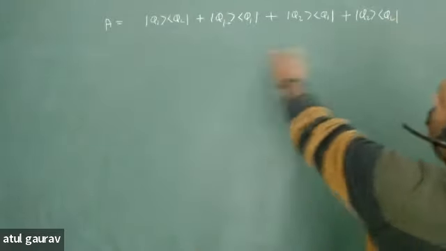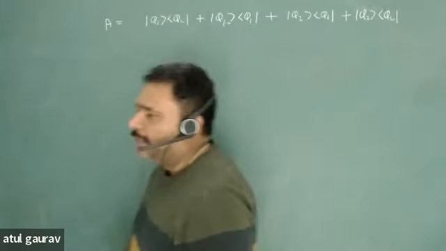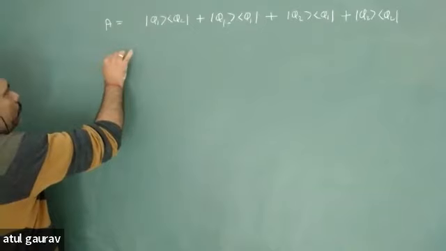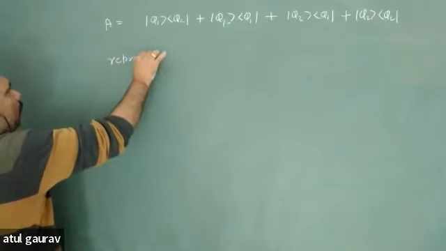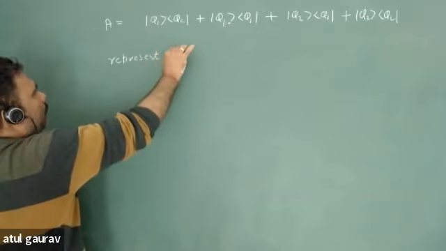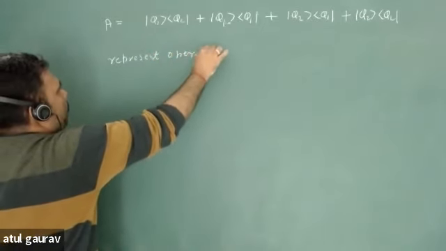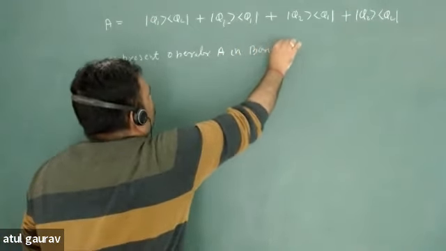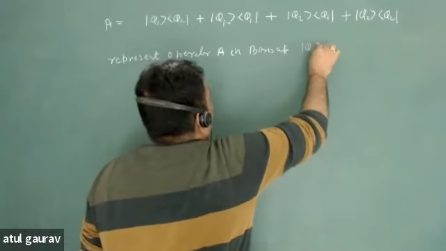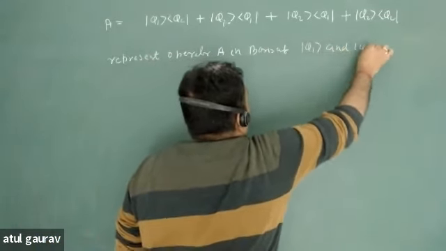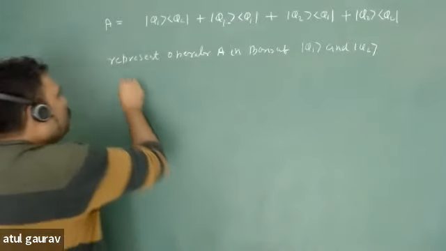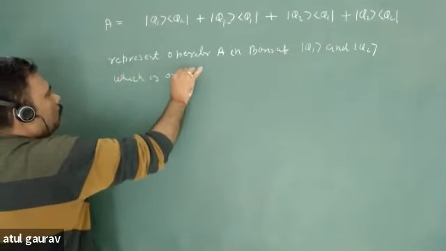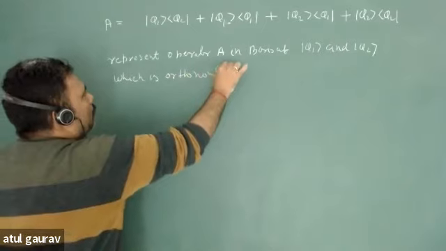Suppose this is your operator. We have defined this particular operator. What you have to do is represent operator A in the basis of phi 1 and phi 2, which is orthonormal in nature.